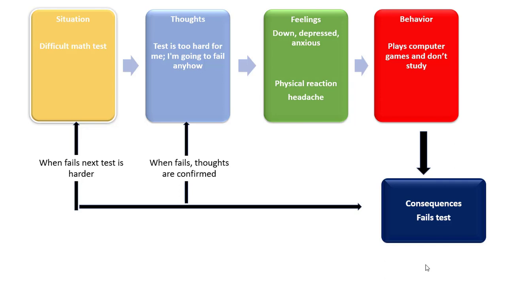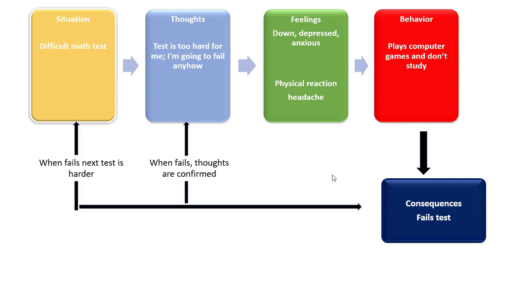We can use the four-factor model to understand what maintains Alfred's problems, and how his thoughts and interpretations of the situation led to his feelings, physical reactions, and behaviors.